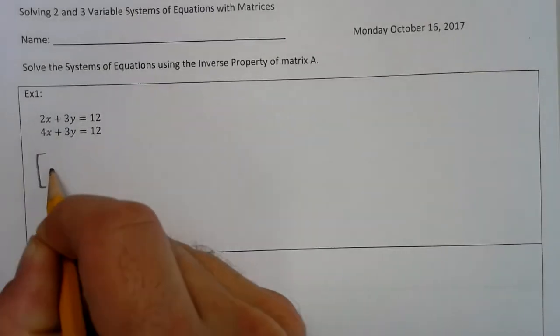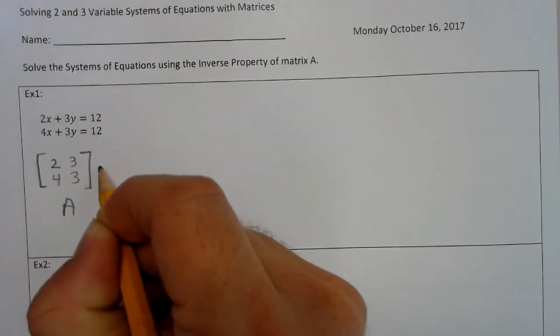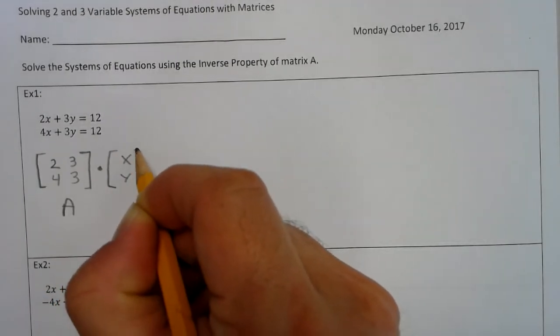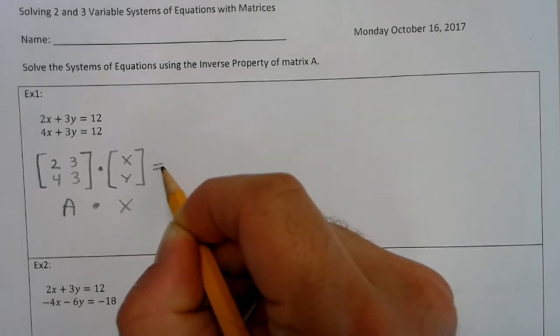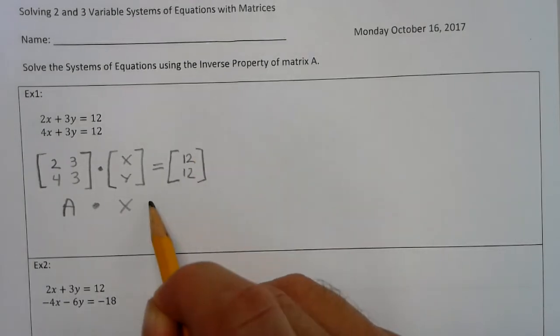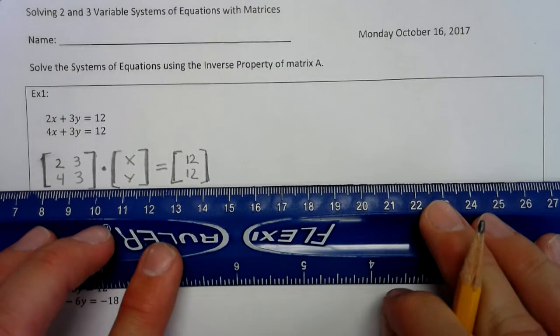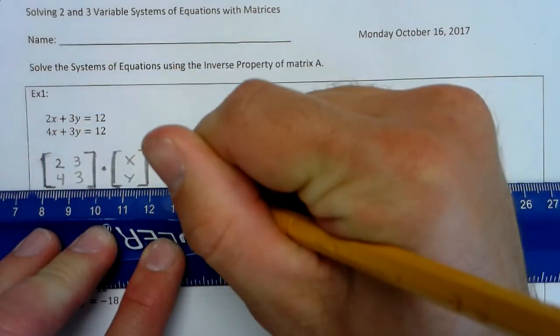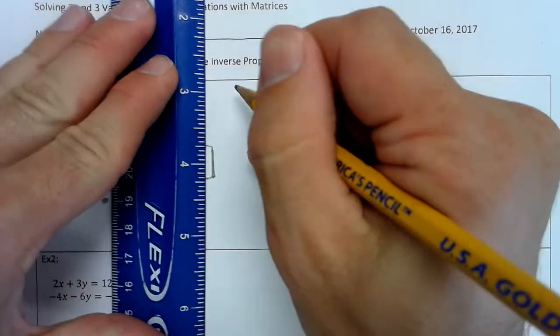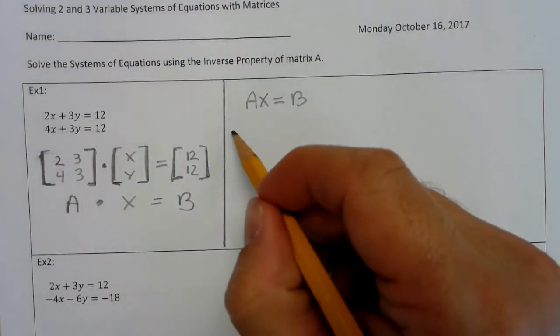So this is 2, 3, 4, 3, and this is matrix A times XY, and that's times X equals 12, 12, and that is equal to B. Now, once you have that, we know that that's AX equals B, so we need to multiply both sides by A inverse.